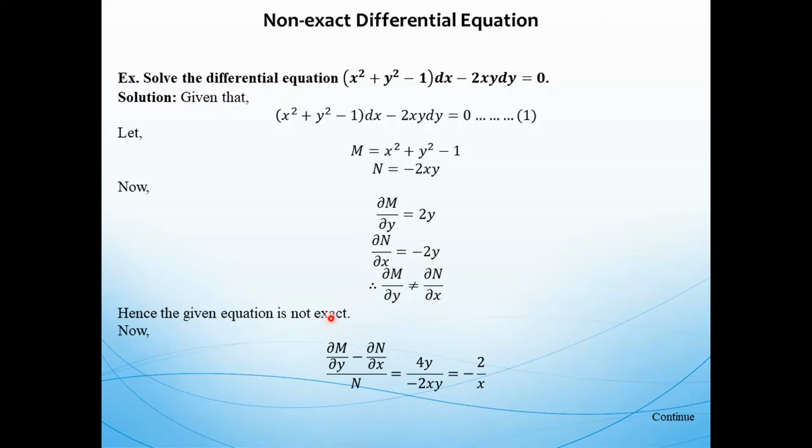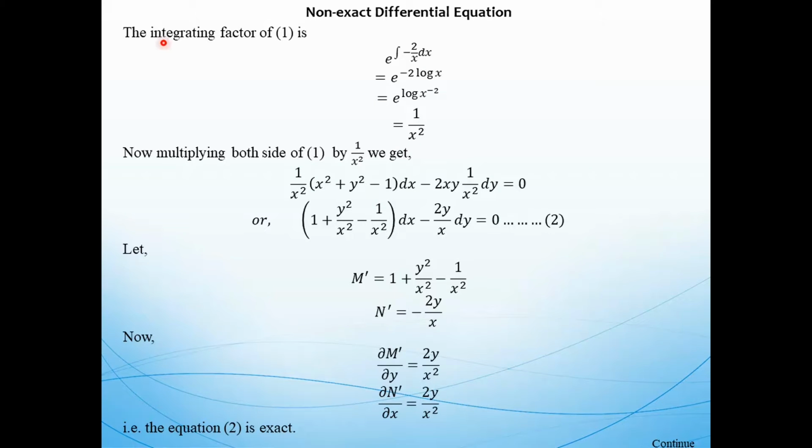Now we should make it exact. For that, we write (del M by del y minus del N by del x) by N, that gives 4y by minus 2xy. From this we get minus 2 by x.